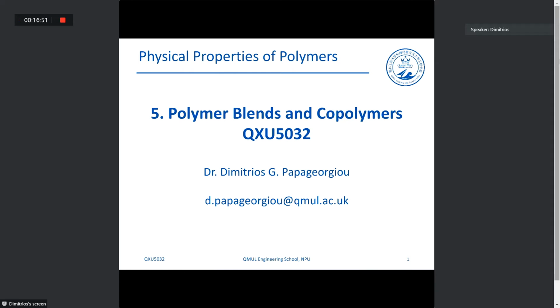So copolymers, on the other hand, are a much more sophisticated way to create a new material with different properties that has aspects of two different polymers, okay?